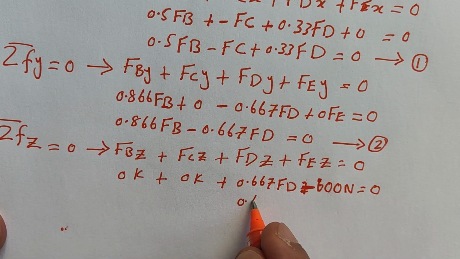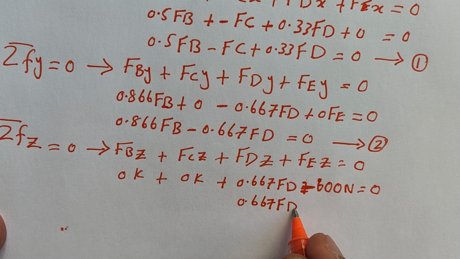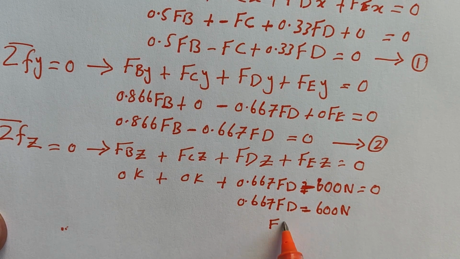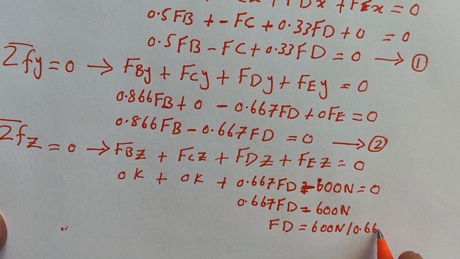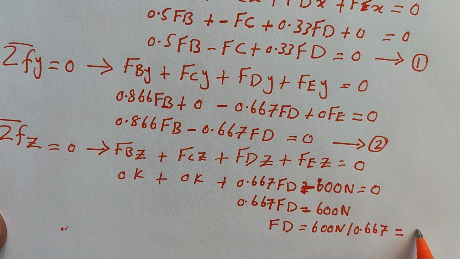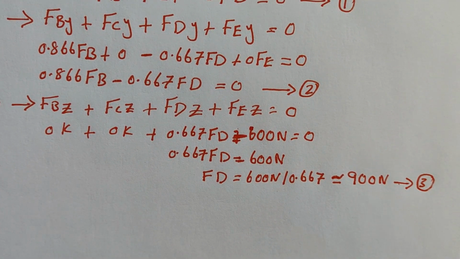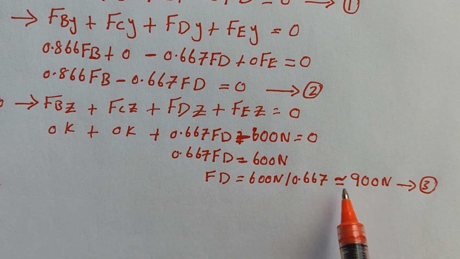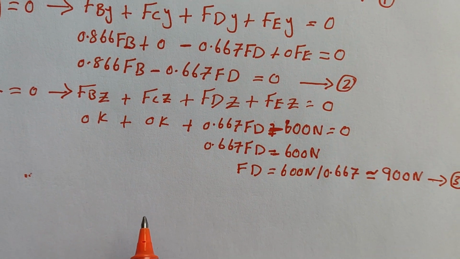From here we can solve for FD: 0.667 FD equals 600 Newton, then FD will equal 600 Newton divided by 0.667. This will equal roughly 899, so roughly 900 Newton, and let's number this as equation number 3. We found FD and it is positive, so FD is in tension as we assumed from the beginning.